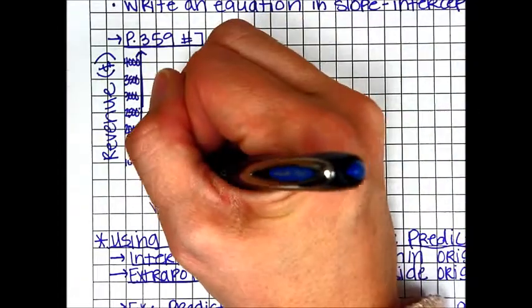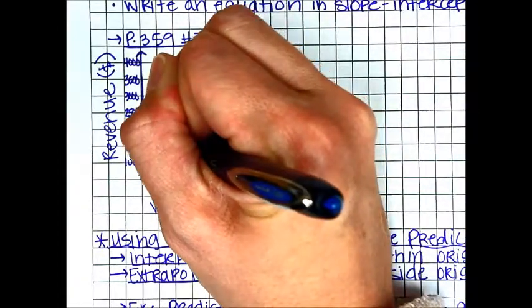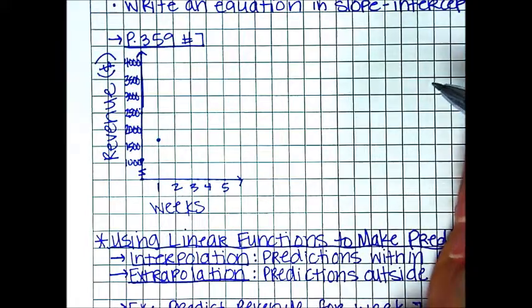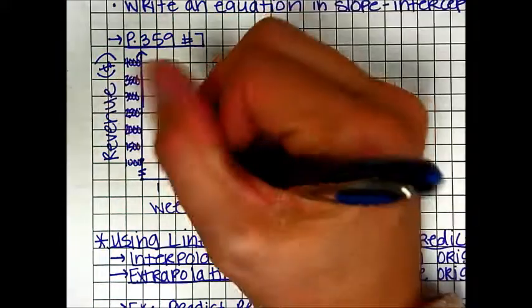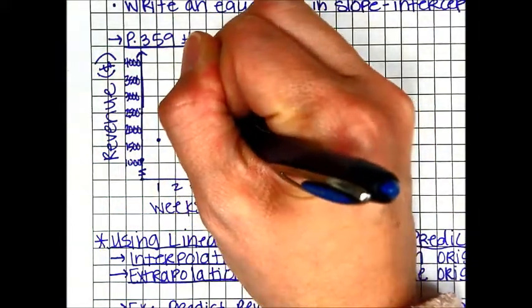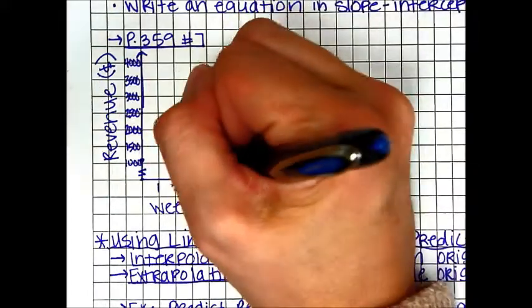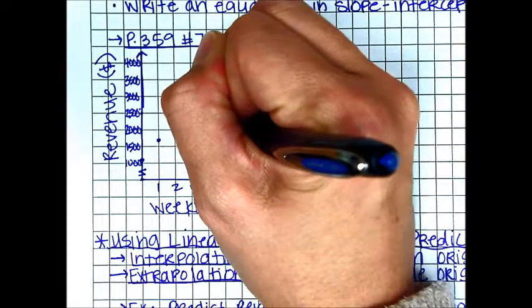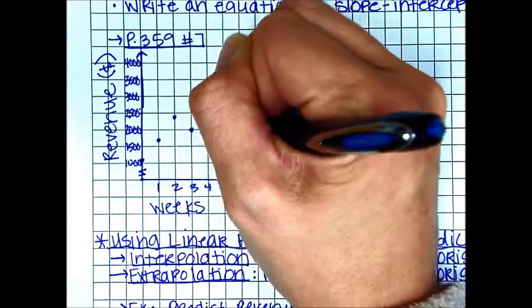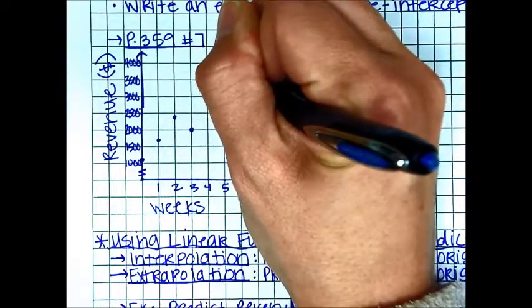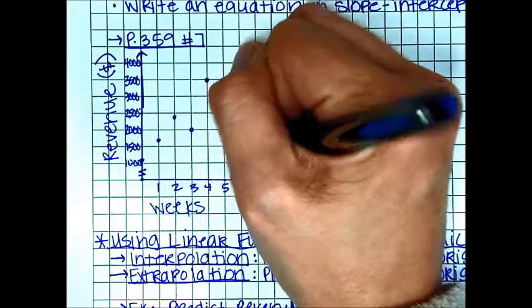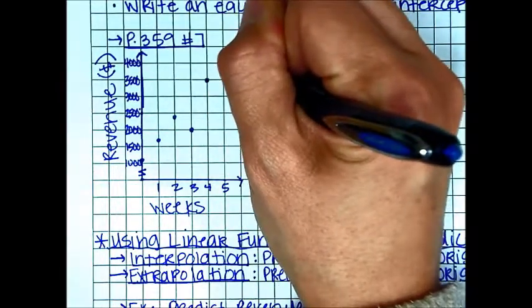Then we have 1, 1,700. Put that about there. We have 2, 2,400. We have 3, 2,000. We have 4 and 3,500. And then we have 5, 3,600.